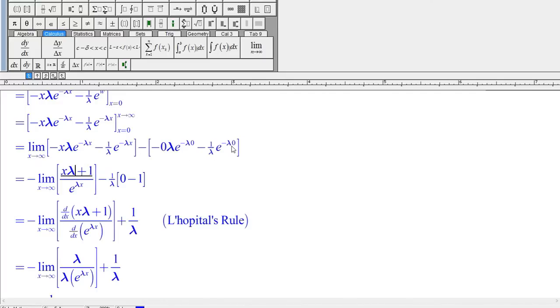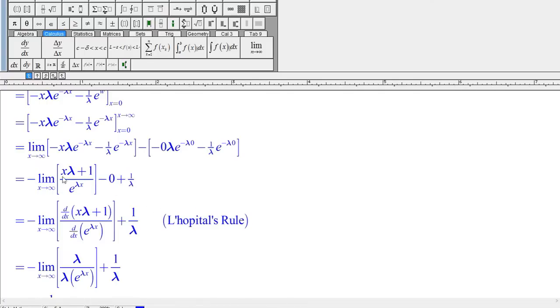Okay, so let's check this out. Let's see what we got. This is e to the 0, which is 1, so this is minus lambda. This minus up here makes it plus lambda. Just write it this way, plus 1 over lambda.